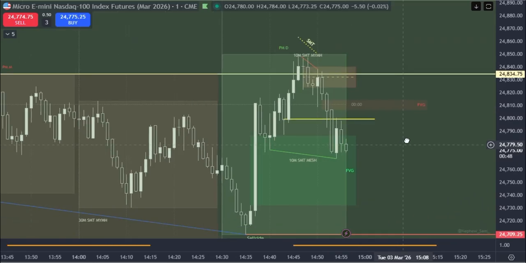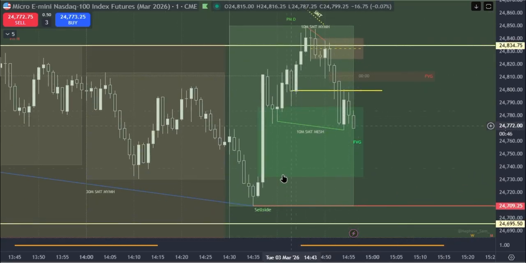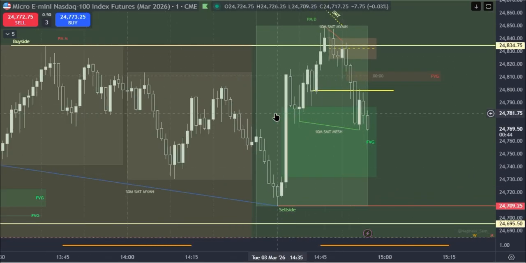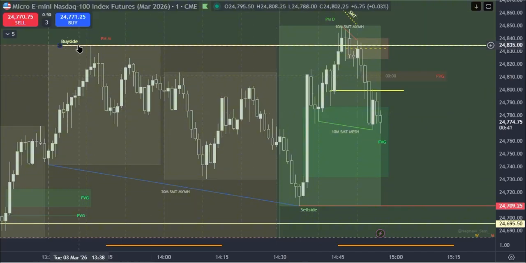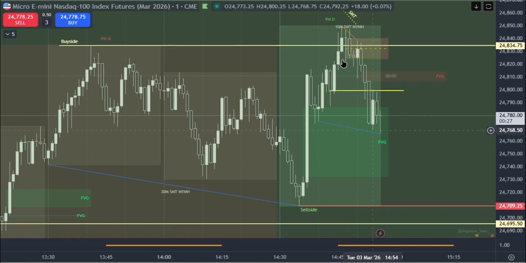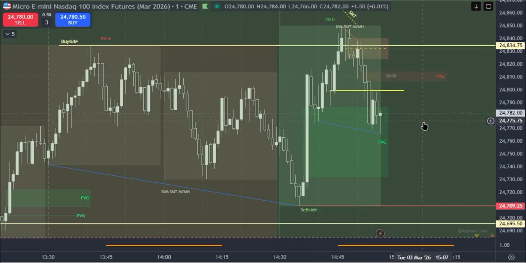But I'm not just doing this. Keep in mind, we identified the program from identifying our higher time frame first. Okay. Then when I identified what happened on our higher time frame, now I'm looking at my lower time frame during my time of interest.